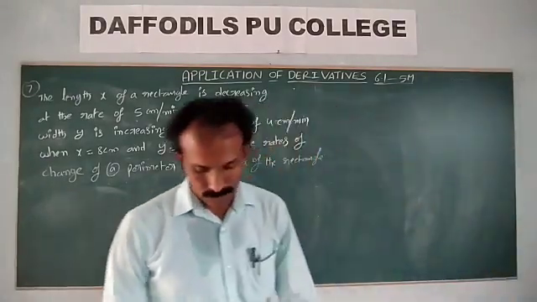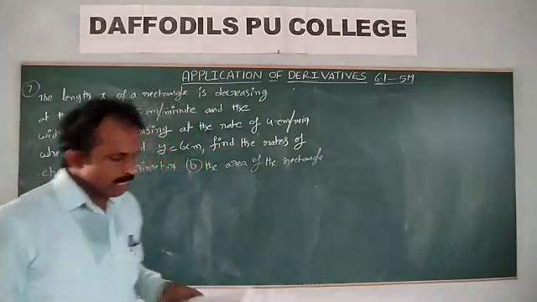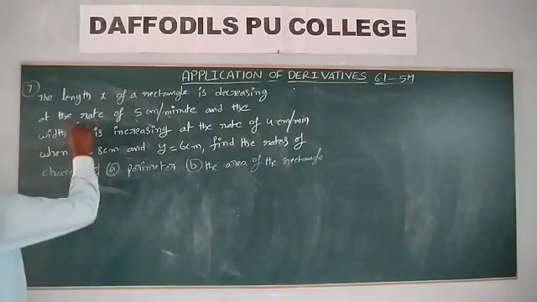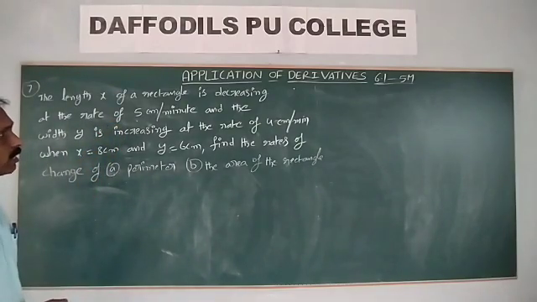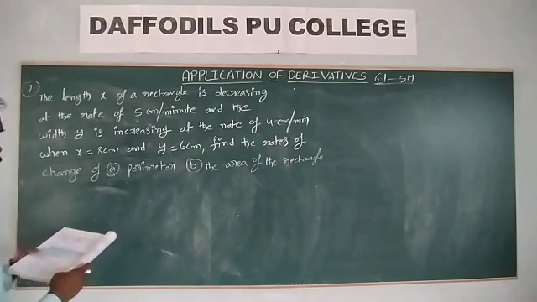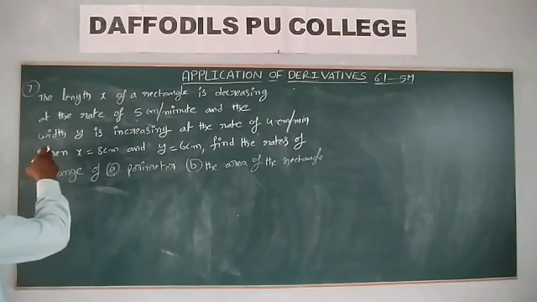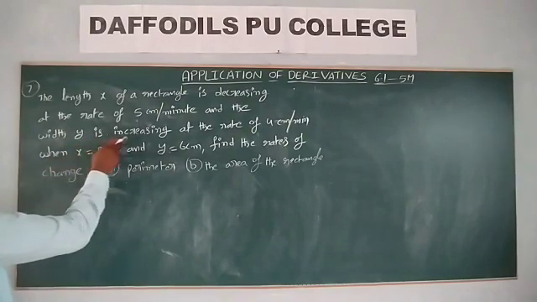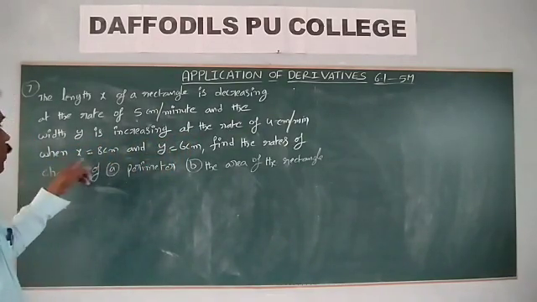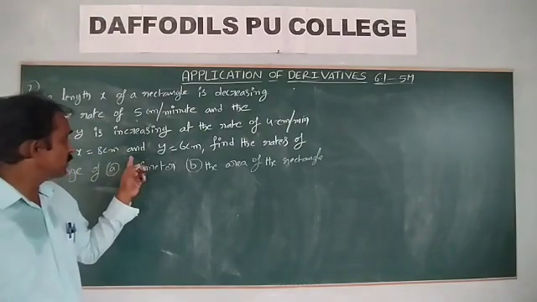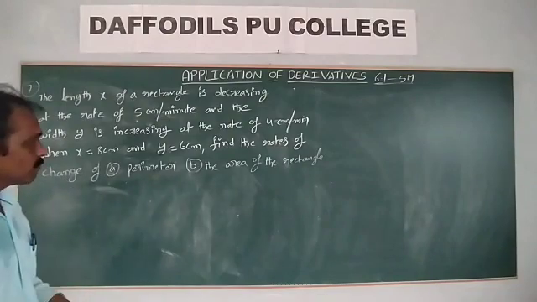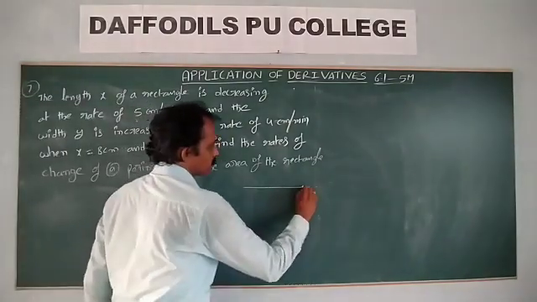What is given? The length of a rectangle is decreasing at the rate of 5 centimeter per minute, and the width y is increasing at the rate of 4 centimeter per minute, when x is equal to 8 centimeter and y is equal to 6 centimeter. Find the rates of change of this. So this is the rectangle.